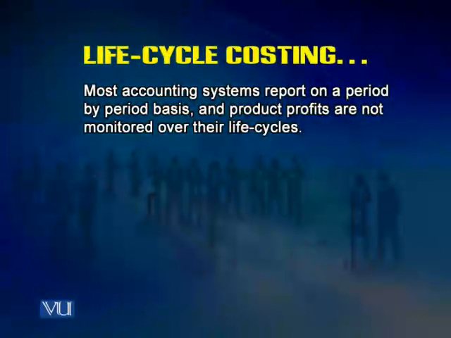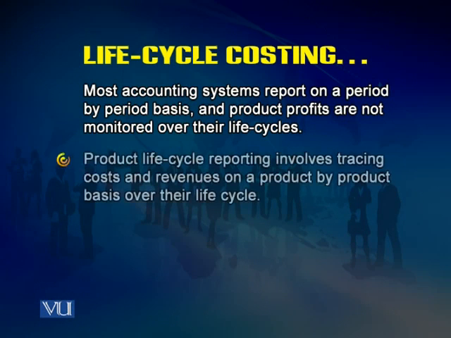Most accounting systems report on a period-by-period basis, and product profits are not monitored over their life cycles. Product life cycle reporting involves tracing costs and revenues on a product-by-product basis over their life cycle.